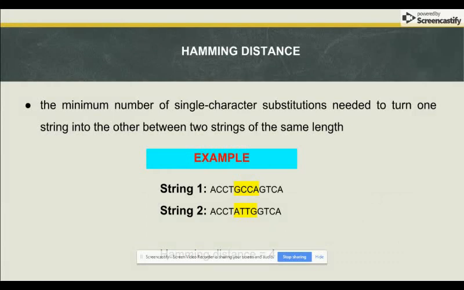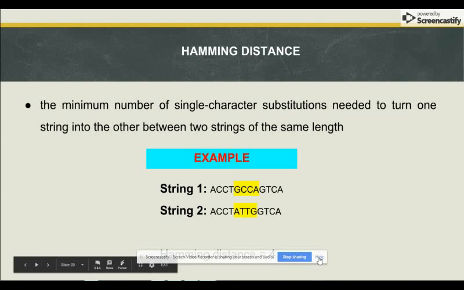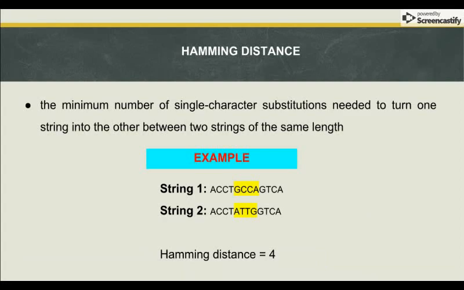For example, as you can see in this example, string 1 and string 2, the yellow highlighted letters are the characters that are not the same. So we can conclude that the Hamming distance in this example is equal to 4, since there are 4 letters that are not equal between these two strings.